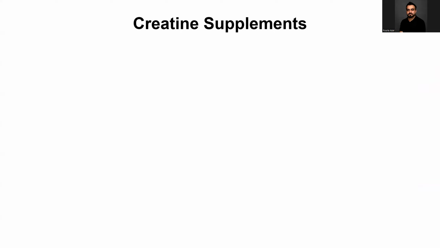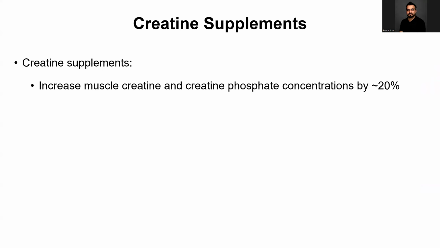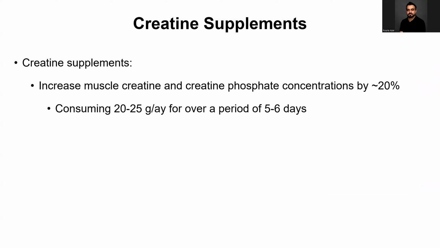And we have creatine supplements. They increase muscle creatine and creatine phosphate concentration by around 20%. So that's why some athletes take creatine supplements to replenish the creatine phosphate and the creatine of muscle mass.